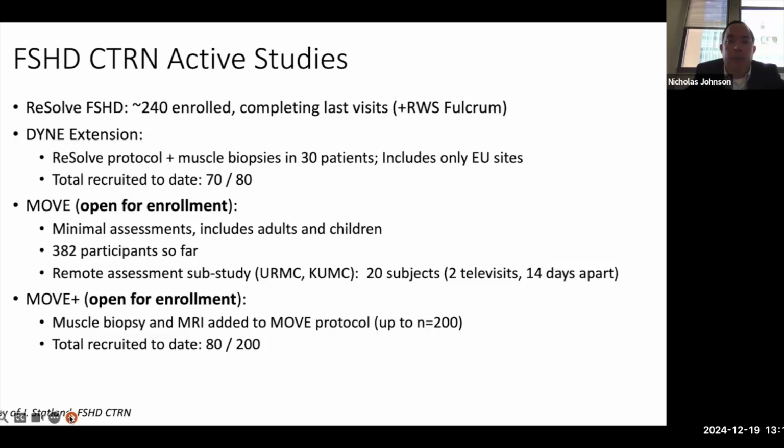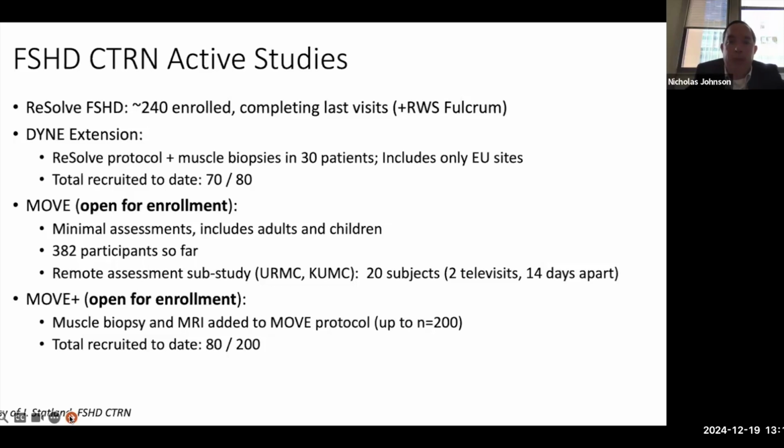There's a study called MOVE or MOVE Plus, which is a pretty simple study to do. It's at all of the sites that were on the slide just before. There's an additional part, which is MOVE Plus, which is more involved, which adds muscle biopsy and MRI. But these are both open for enrollment.